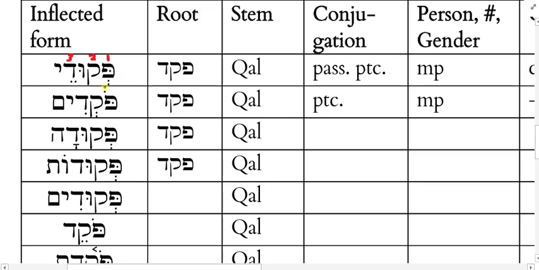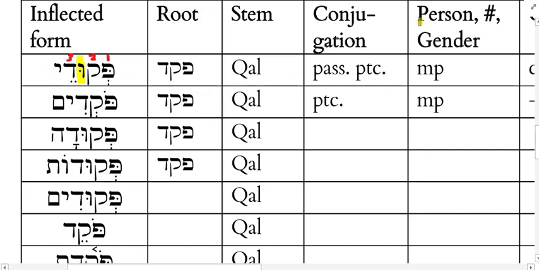Looking at the vowel pointing, we have pequd. This vocal shewa doesn't help us very much, but the shureq certainly does, doesn't it? If I see a shureq with root 2, there is only one thing that could be, and that's a Qal passive participle. So I've got root letters and Qal passive participle.